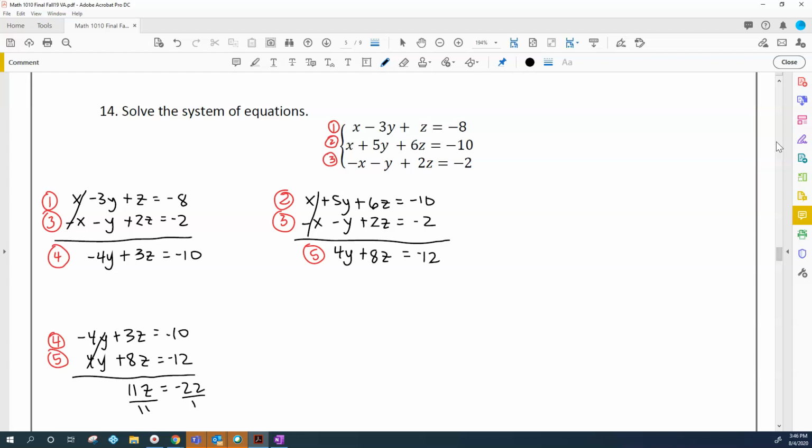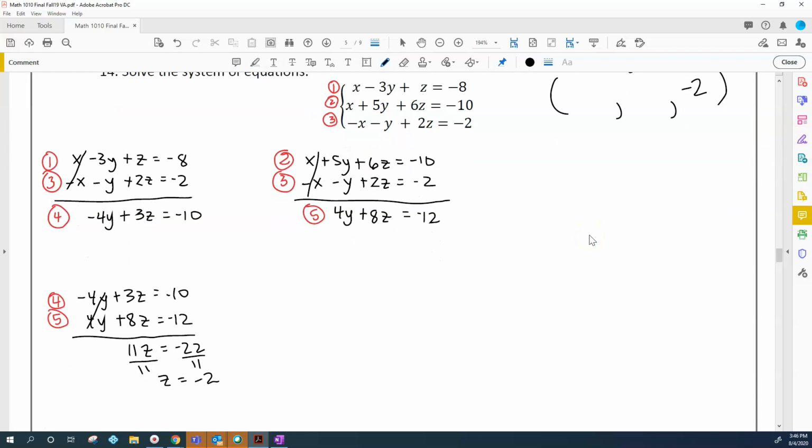If I divide by 11, I get z equals negative 2. I want to write my answer as an ordered triple, remember, that's x, comma, y, comma, z. So I just found z is negative 2, so I'm going to put it in there. Okay, now what do I do next?